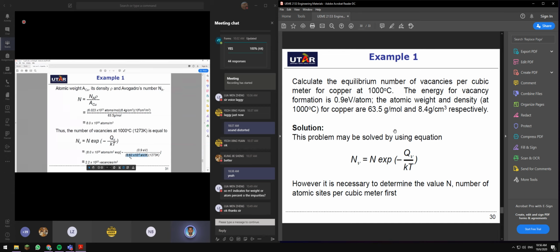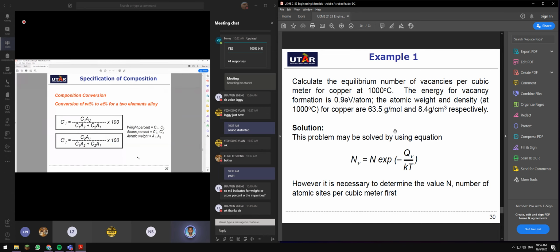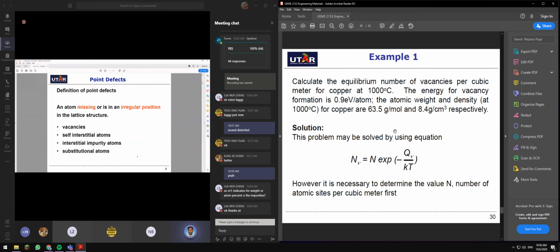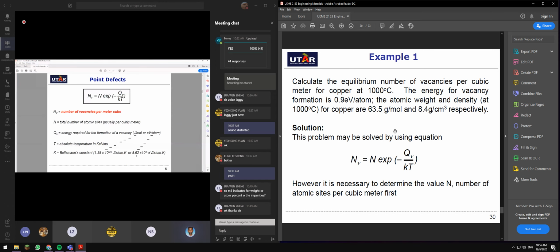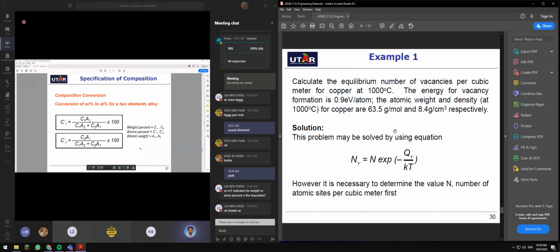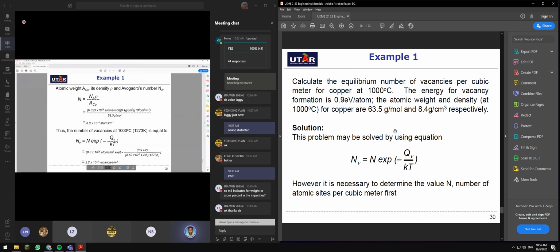You use 8.62 times 10 to the power of -5, which is given here, times your temperature, which is 1273. Then you have your values.